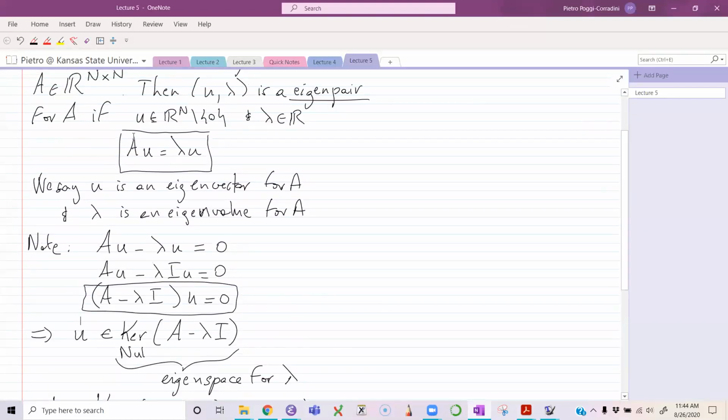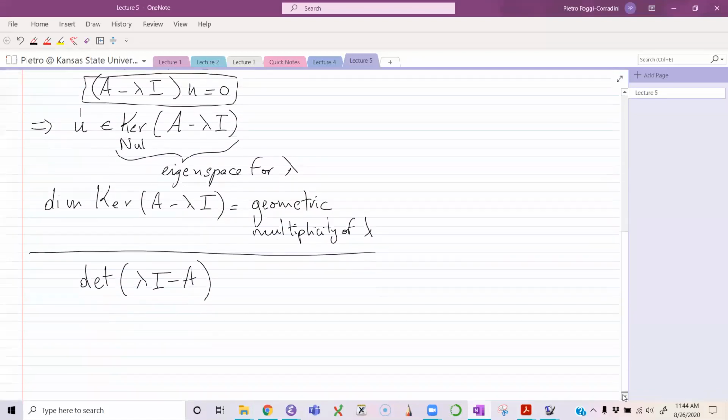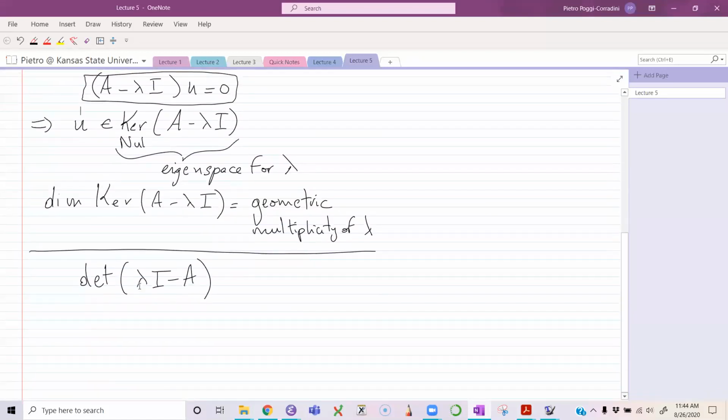So in order for lambda to be an eigenvalue, the determinant of this matrix needs to be zero, because then the matrix is singular, and then there will be infinitely many solutions because it's a homogeneous system.